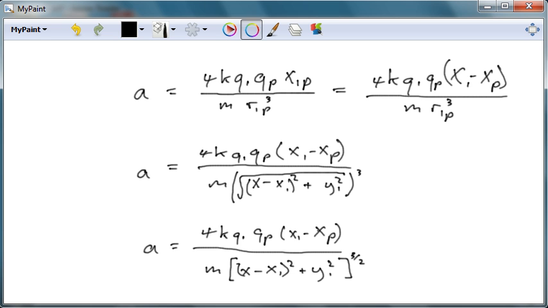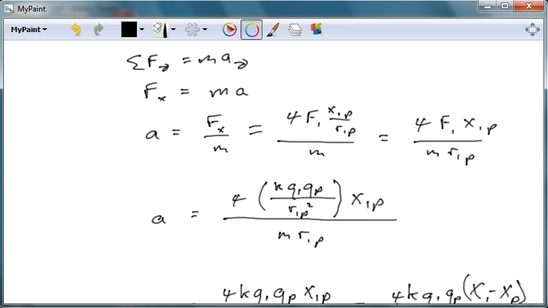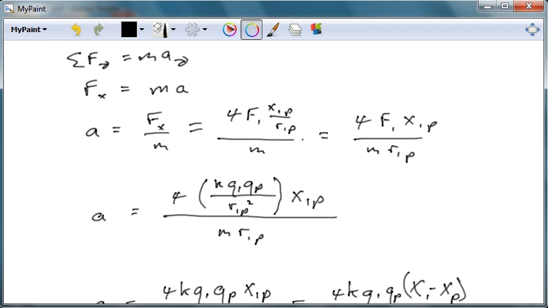I've been using two different symbols for the position of the particle. It's xp and just plain x. So I think the easy way to fix that up is to put a subscript p wherever I have just plain x. So I think I talked about not doing that before. Now I choose to do it.